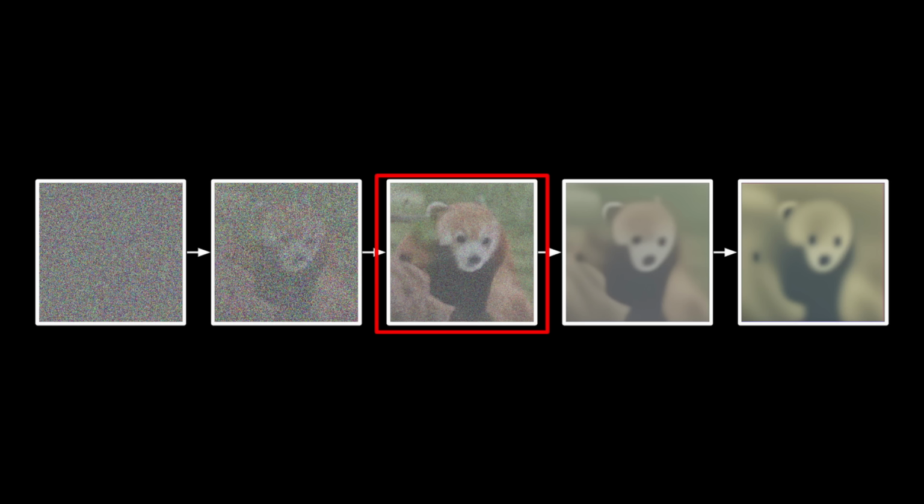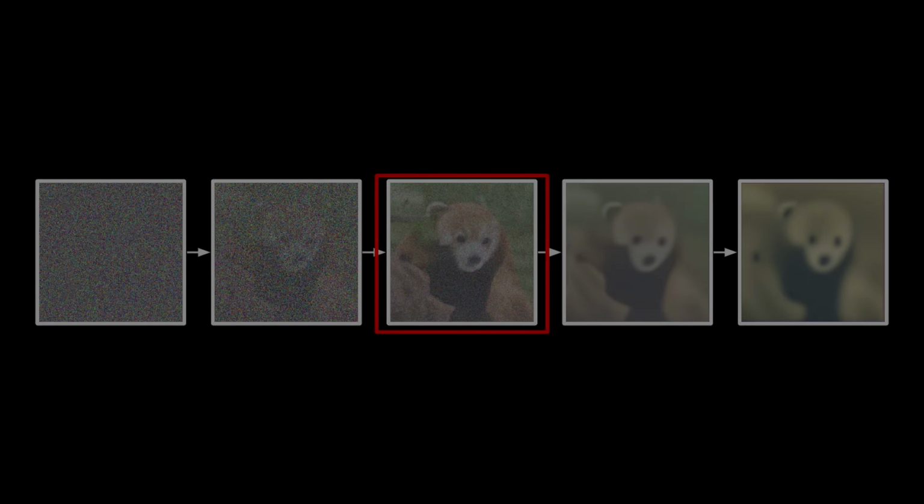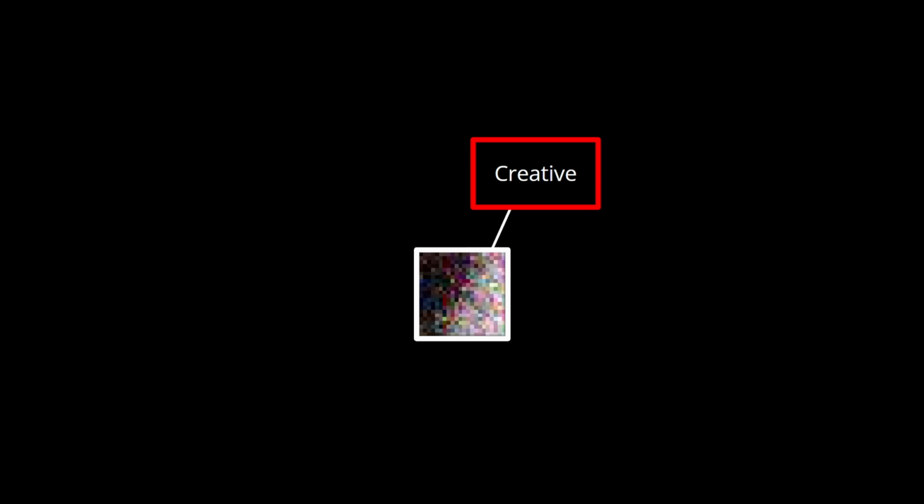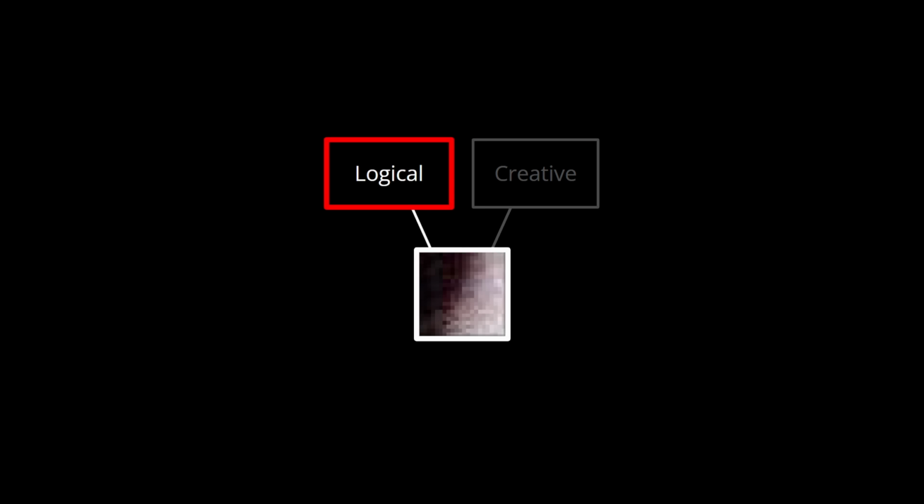I find it useful to think of the diffusion model and the noise term as a two-person team of artists, one methodical artist and the other a creative one. The noise term is the creative half, painting random patterns on the canvas. Then the diffusion model steps in and tones down the craziness of the noise term, telling it, hey, don't be so chaotic.